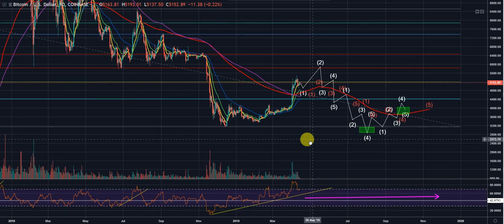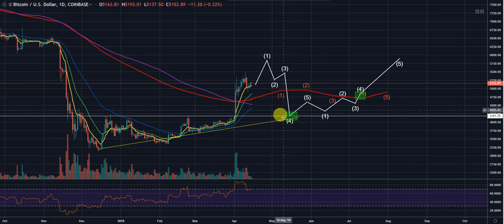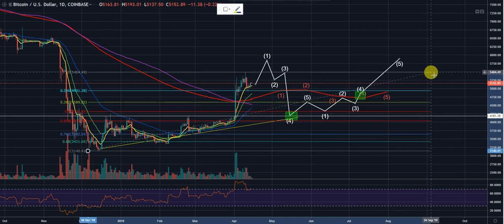Now here is another example. I've got this on the daily chart, but if you've watched the previous videos, there was a lot of times when we did get a retracement, and the retracement was down into the 61% level roughly.